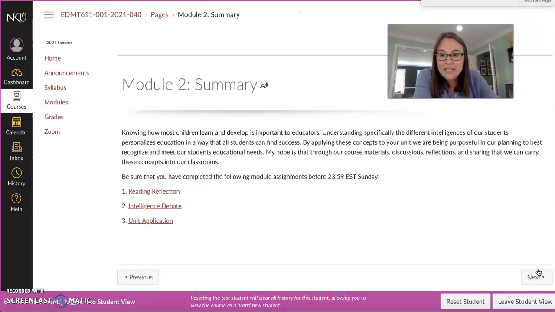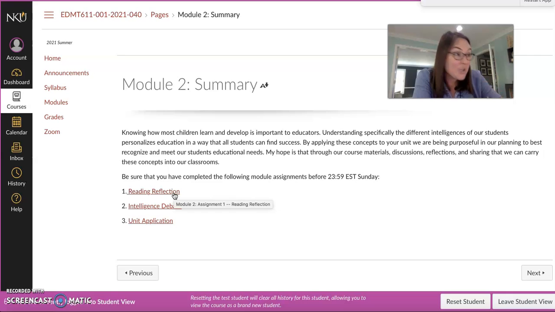I think the next is a recap. Yes, our summary. Your reading reflection is due by the second week on Sunday at midnight, which is May 23rd. Your intelligence debate, the initial post is due Wednesday by midnight, which is May 19th. And then you're going back and commenting on 2 peers again by midnight, May 23rd.